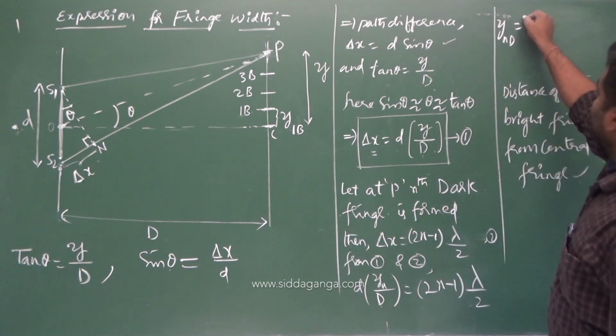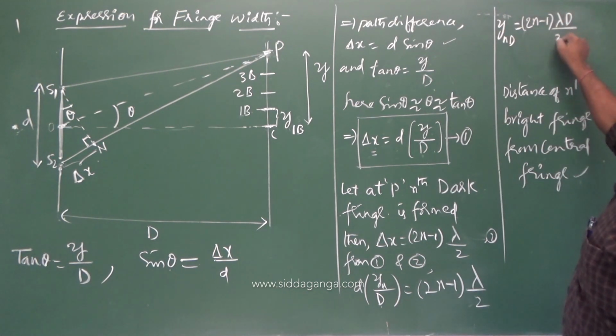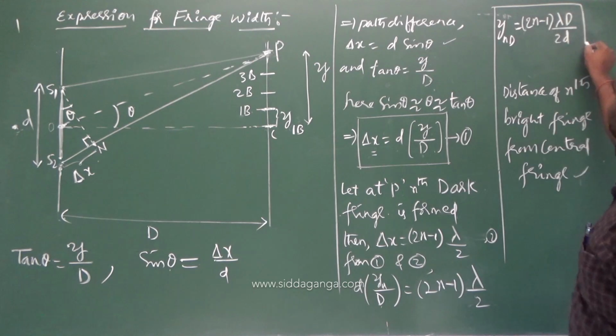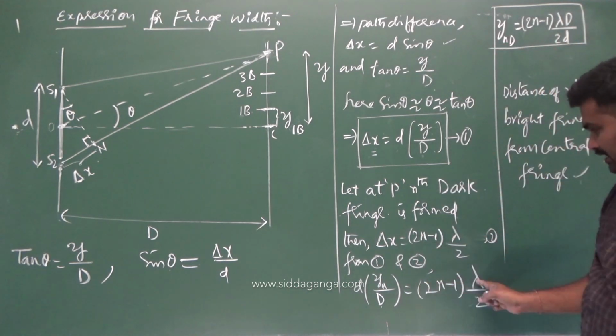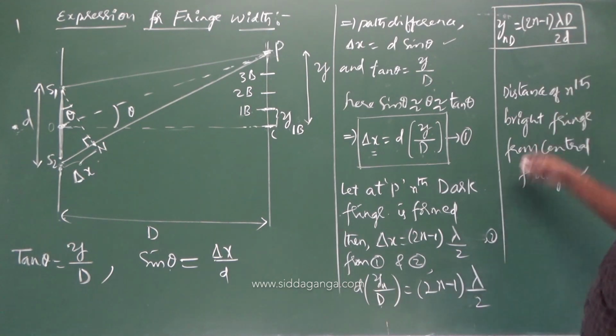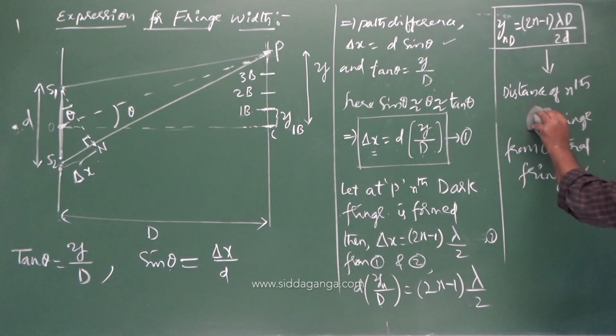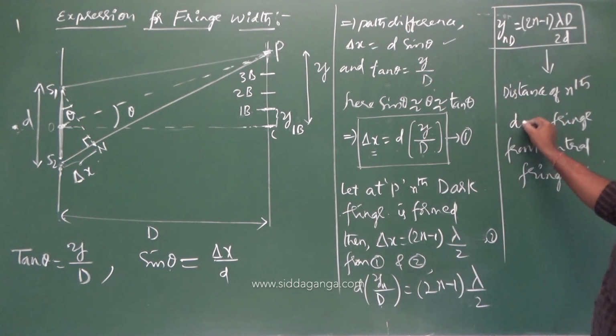This is 2n minus 1 into lambda capital D by 2d. See the formula here? 2n minus 1 into lambda capital D divided by 2d. This is the formula for what? Distance of nth dark fringe from the central fringe.